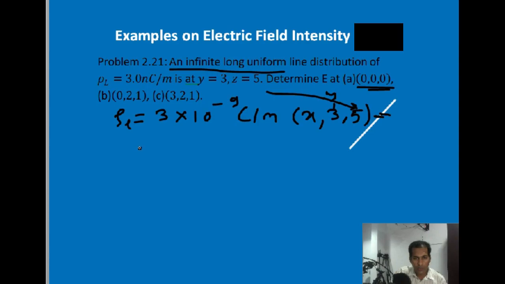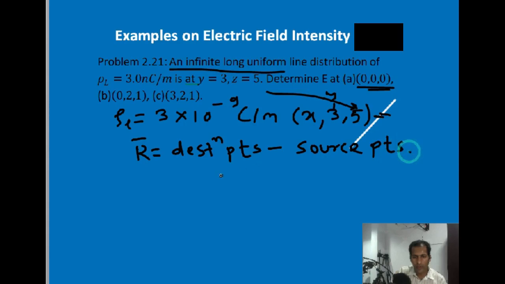So what we have to find out? First we have to find out the r bar. How we find out r bar? Destination points minus source points. So what are the source and destination points in this case? First case, if we consider, we have say y minus 3, x is not given and another point is 0, so it will cancel.